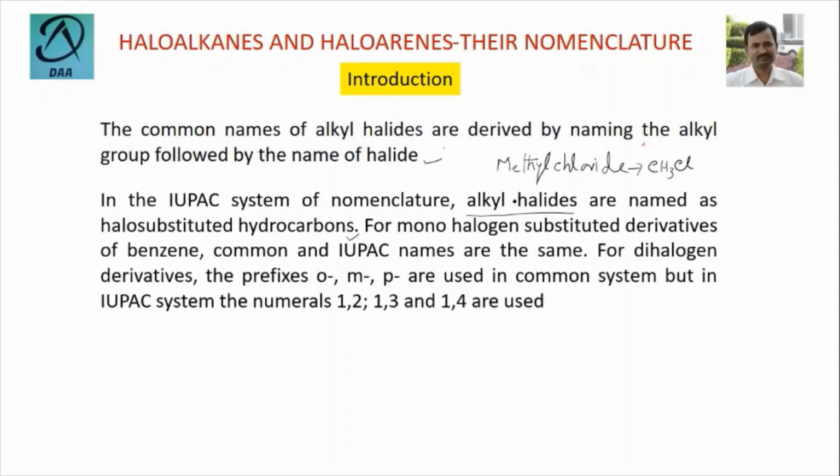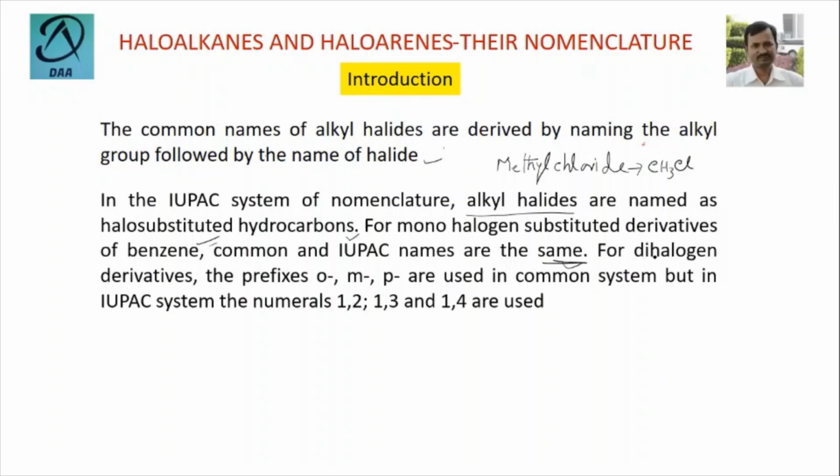So in this way, we'll name as per the IUPAC system, halo-substituted hydrocarbons. For mono-halo-substituted derivatives of benzene, common and IUPAC names are the same. That means for monohalogen substituted derivatives of benzene, both common and IUPAC names are the same.